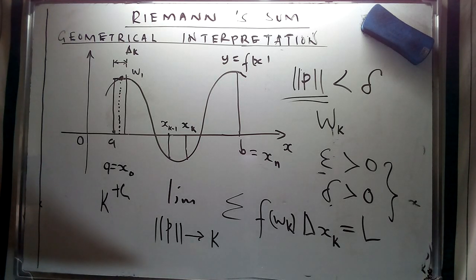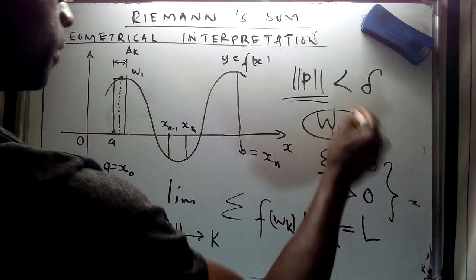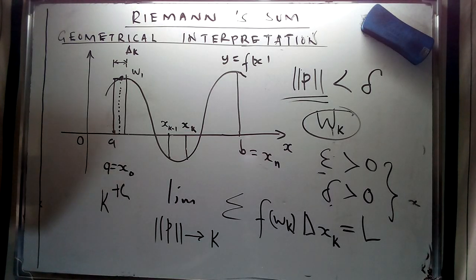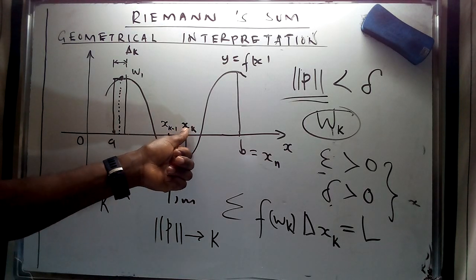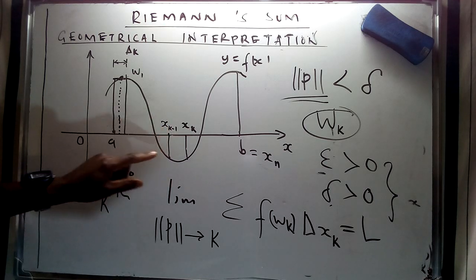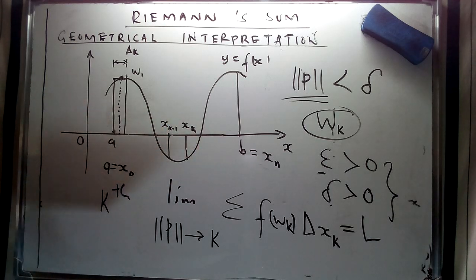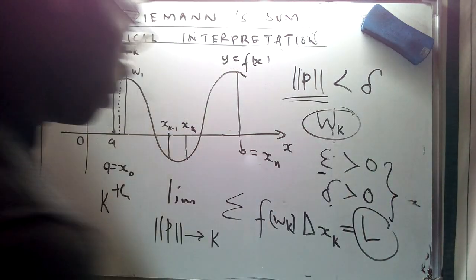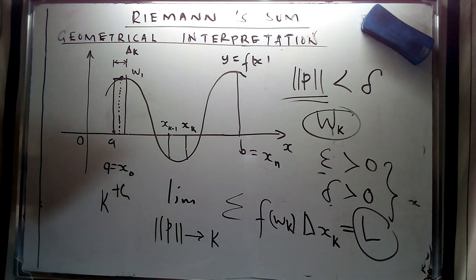We are also going to see that for any choice of these values wk that I've indicated on the board, in the interval xk minus 1 to xk, for this range of partitions, this particular value is going to exist, which we refer to as the limit.